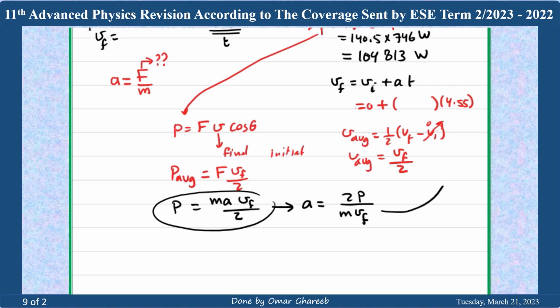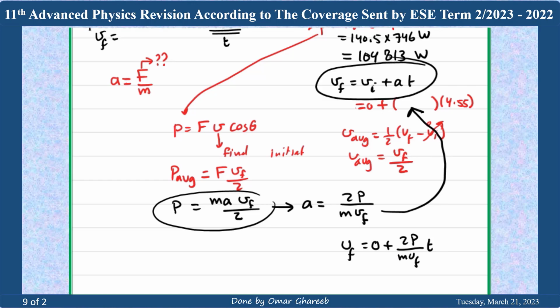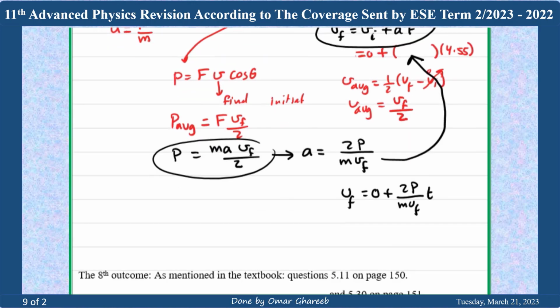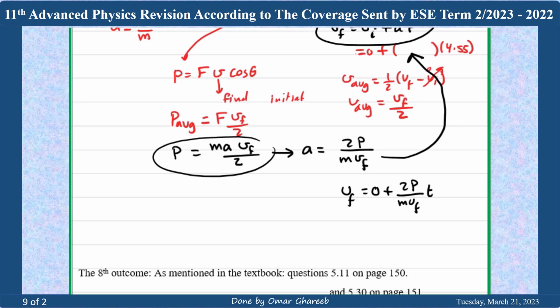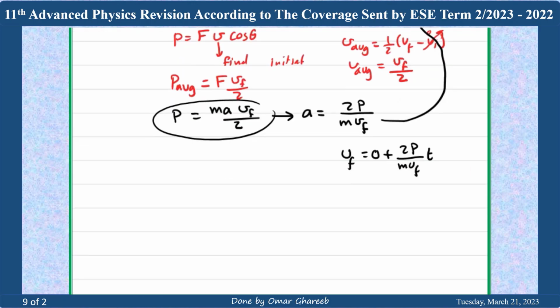Put it back into here: V final equals V initial, which is 0, plus acceleration, 2P over M V final, times the time. Now we have V final here, multiplied by V final.